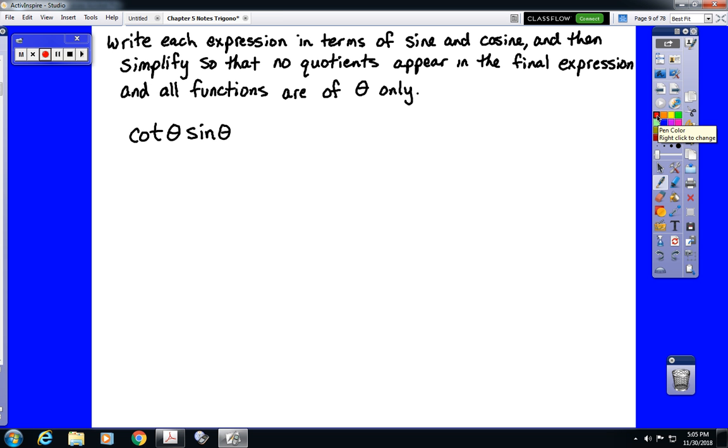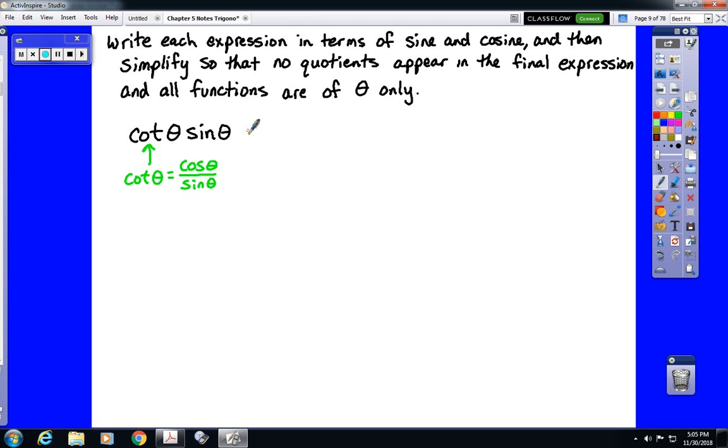So the basic approach that we're going to take is we are going to turn every expression in this entire statement into sine and cosine. For instance, cotangent of theta can be written as cosine over sine using one of our quotient identities.